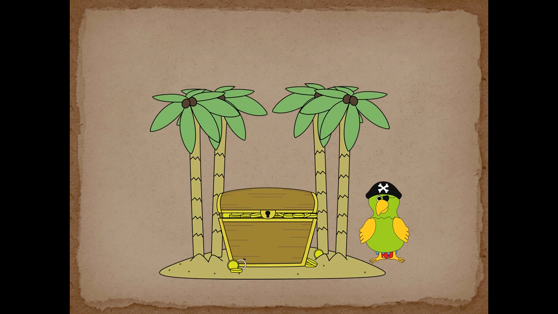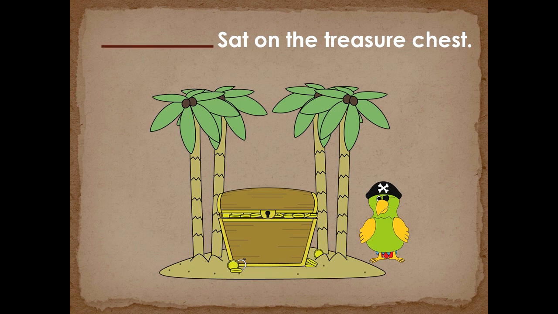Oh, look at this picture with the parrot and the treasure chest. Our sentence says, sat on the treasure chest. Does that make sense? Nay. No, it doesn't, because we need a subject. We need to know who or what sat on the treasure chest.